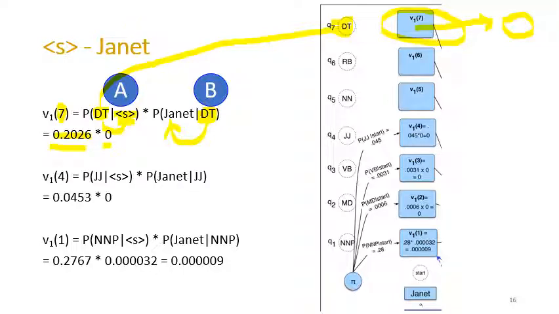By the way, if you need to look at the table, you can open that table in a different screen. I will give you the link to the Jurafsky PDF in the description.